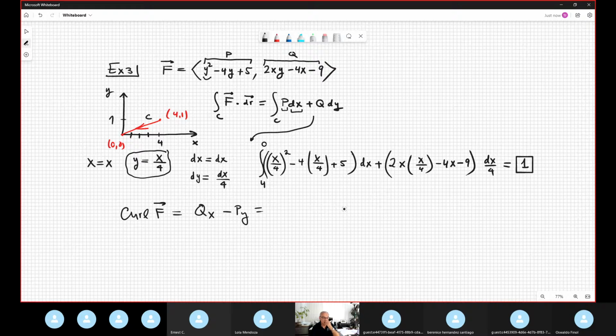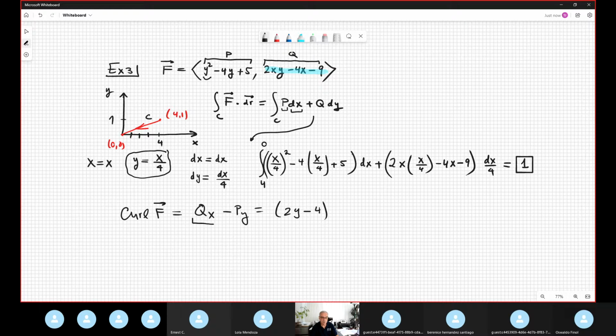When you differentiate q with respect to x, it's obvious that we have 2y minus 4. Let me check. The derivative of x with respect to x is 1, times 2y, because you consider y constant; 4 is constant, and its derivative is 0. Cool.